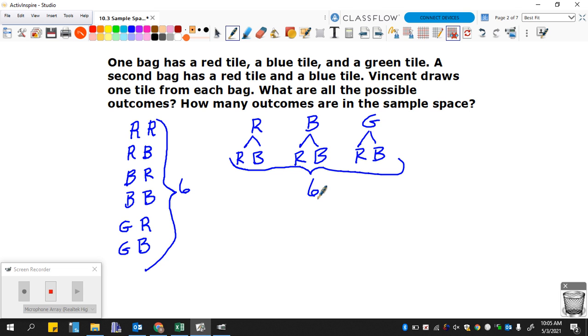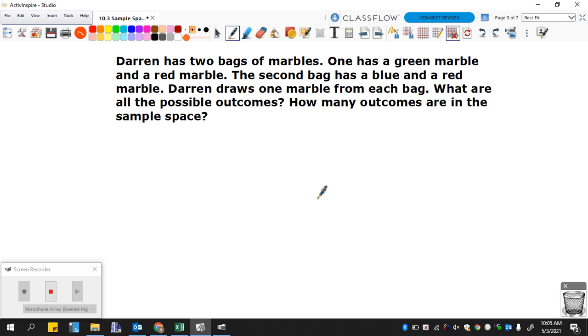Darren has 2 bags of marbles. One has a green marble and a red marble, and the second bag has a blue and a red marble. He draws a marble from each bag. What are all the possible outcomes? Well, I'm going to do the thing with the little tree.